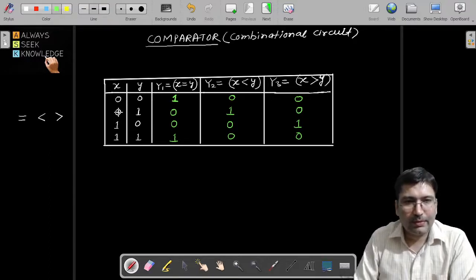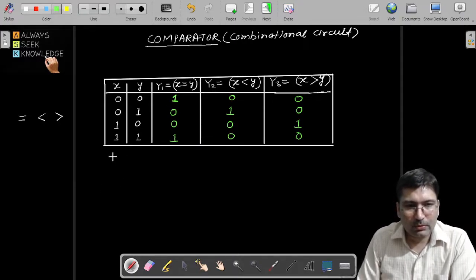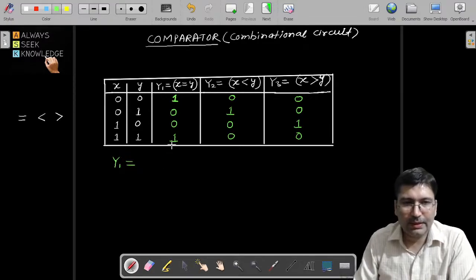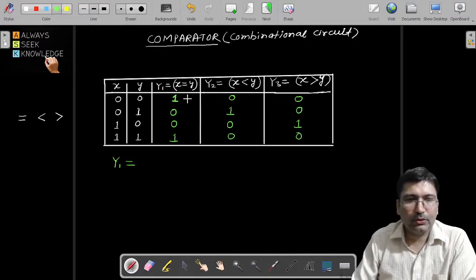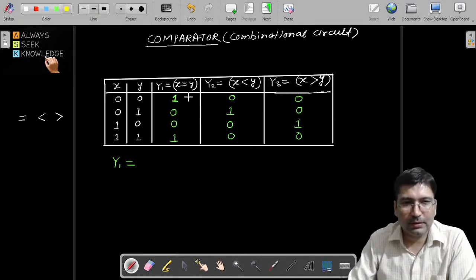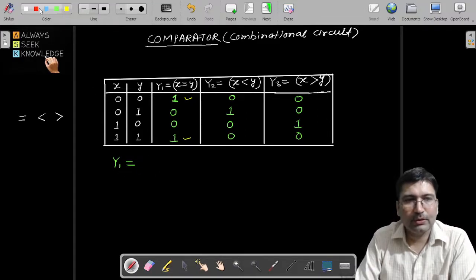Now let's say we want to find out the Boolean expression for y1, y2 and y3. So what will be the Boolean expression for y1? It is very easy. It is high at two places. So based on this and this, we can write the expression.